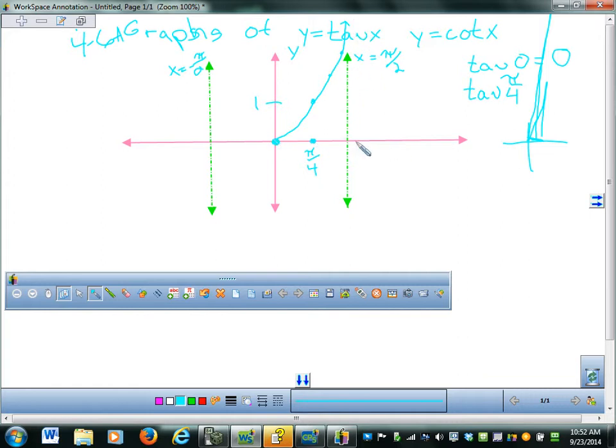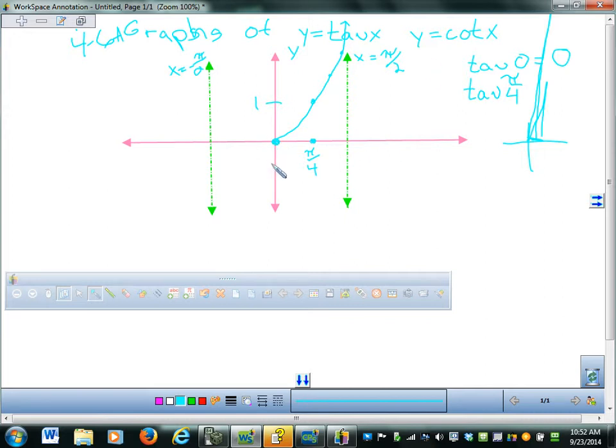Now the reason I don't continue over here is because the graph is just going to look the same after I get to the right side of pi over 2. If I went backwards to pi over 2, it wouldn't be a function, it would be discontinuous, and you want it to be a continuous function.